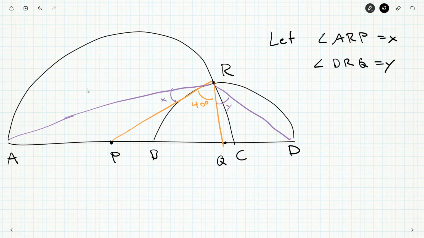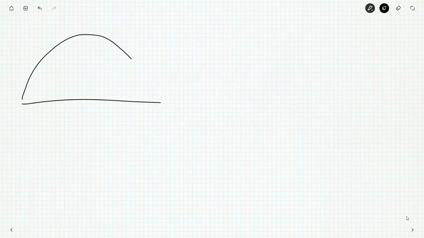Now let's just look at A, P, and R, which is all on one semicircle. I don't know if this is oversimplifying things, and whether we might for some reason need the other semicircle, but R is somewhere up here, P is the center, and so we want just this angle here.